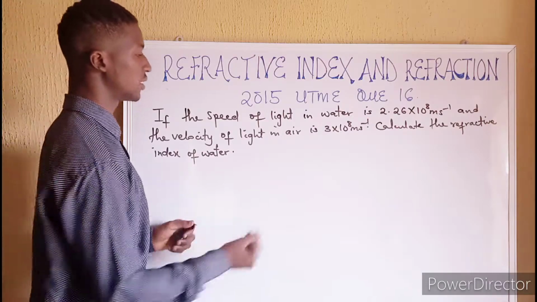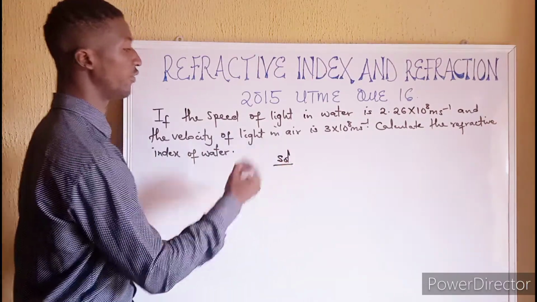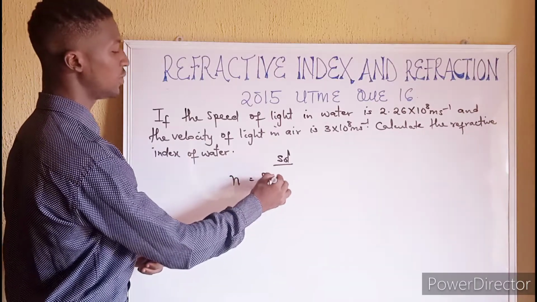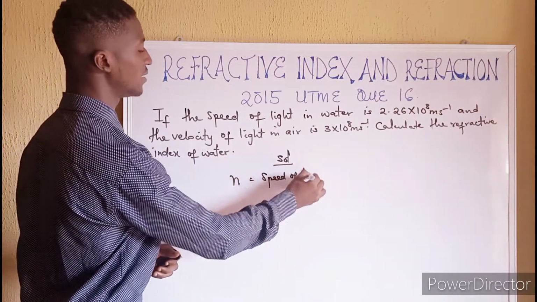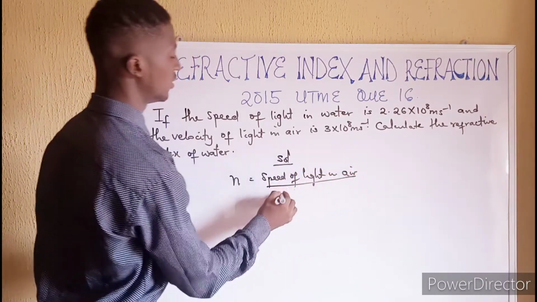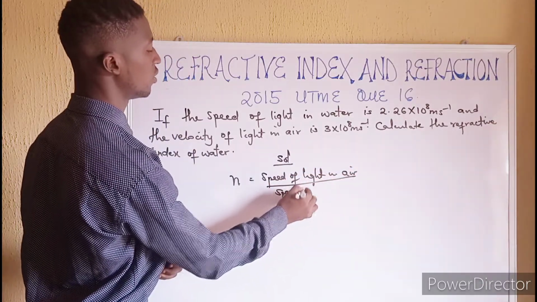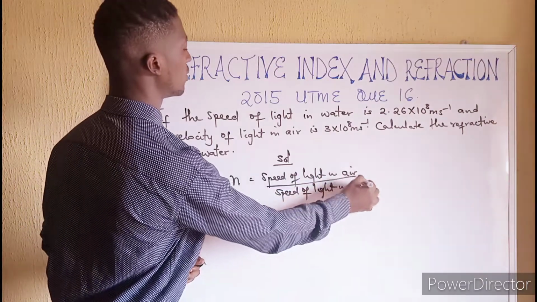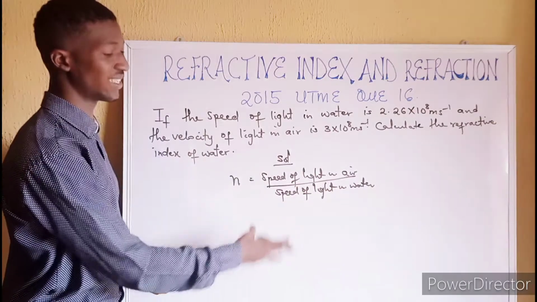Using the formula I've given you, the refractive index is the speed of light in air over the speed of light in water, because we are not using glass now, we are using water.